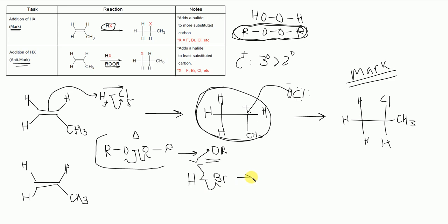And what's going to form is I'm going to get an HOR plus halogen radicals. So I'm going to get halogen radicals, and this is going to now react with our double bond.